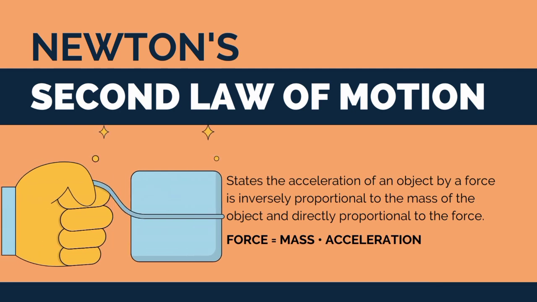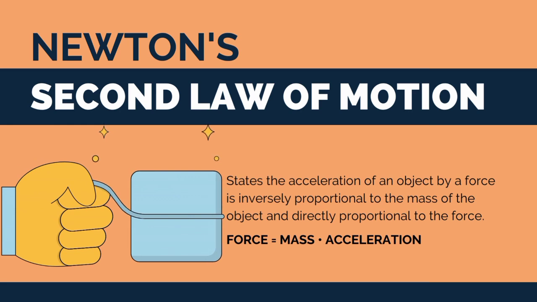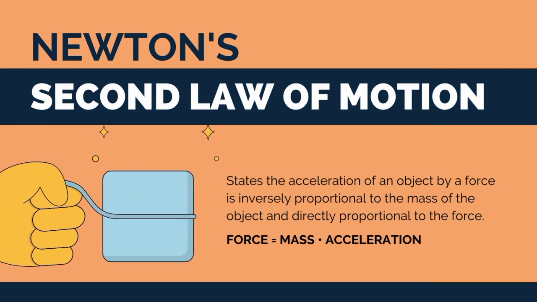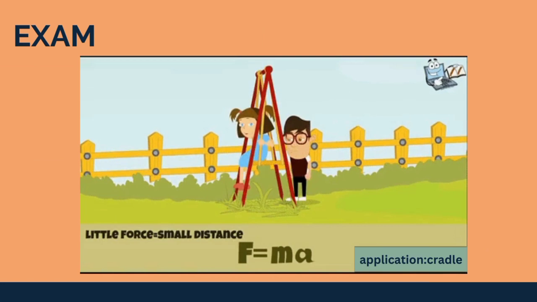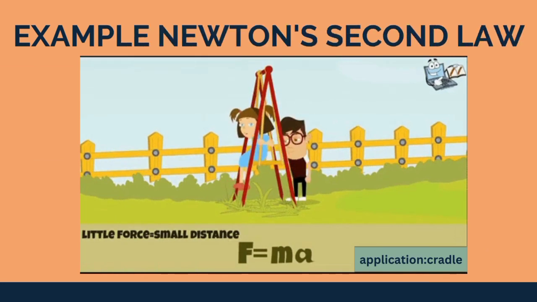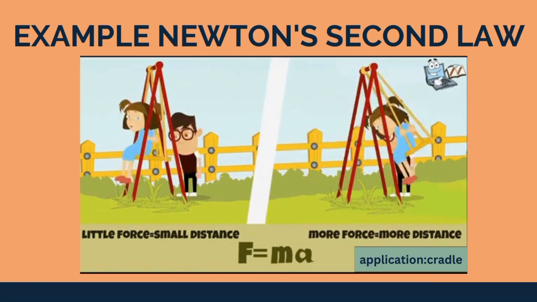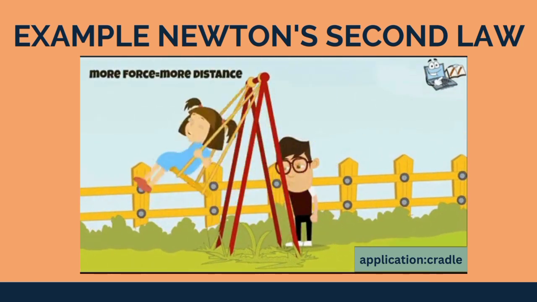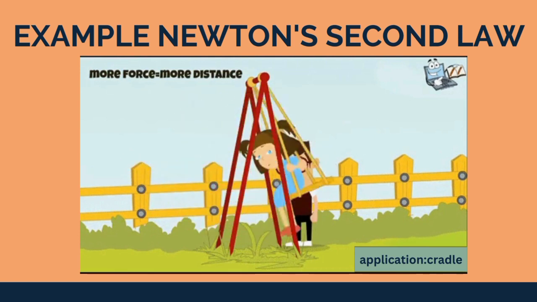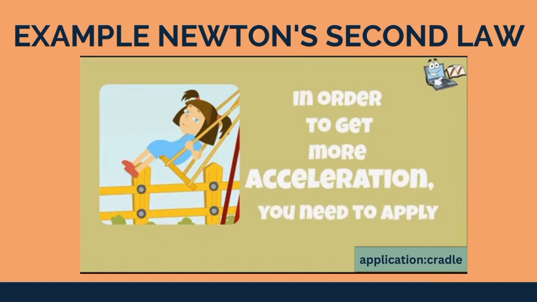The formula of Newton's second law is force equals mass times acceleration. Example of Newton's second law: little force equals small distance, more force equals more distance. In order to get more acceleration, you need to apply higher force.